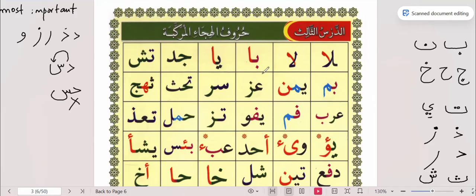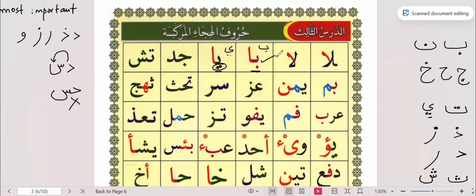Like here, if you are seeing one single dot at the bottom, you must know that it is letter ba, and this letter ba can join the following letter. Similarly, letter ya, two dots at the bottom, and when it is joining with the following letter, with the help of these two dots, a student can know that it is letter ya.